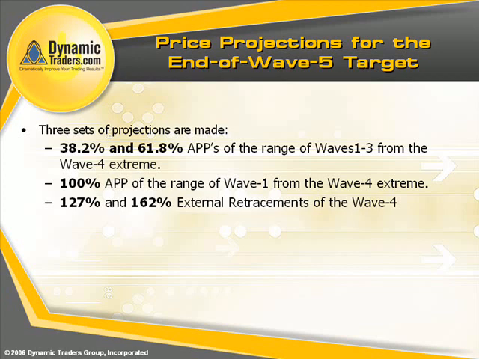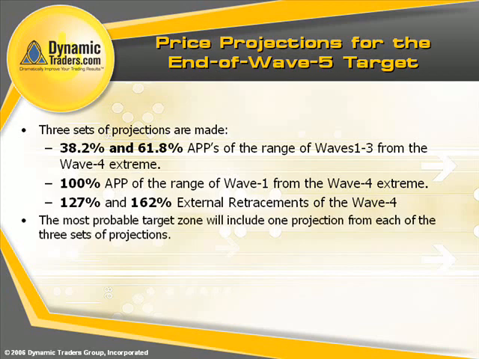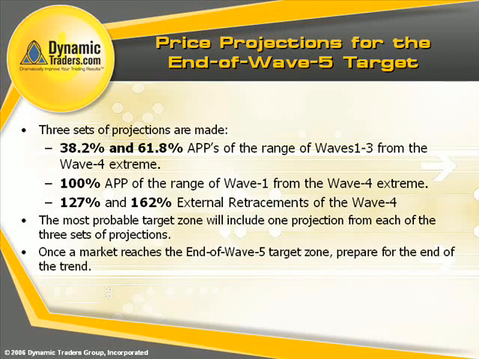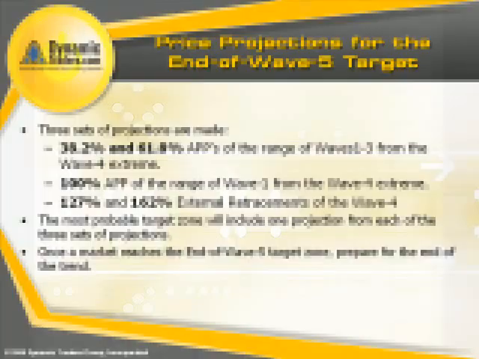We make the 100% alternate price projection of the range of Wave 1 from the Wave 4 extreme, and we make the 127% and 162% external retracements of Wave 4. Now, the most probable target zone will include one projection from each of these three sets of projections. Now, once a market reaches the end of Wave 5 target zone, you need to begin preparing for the end of the trend. Let's take a look at some examples.